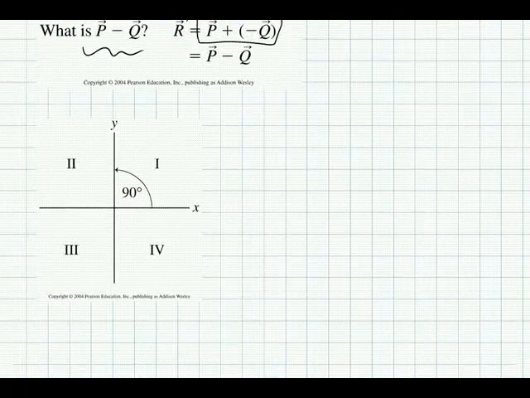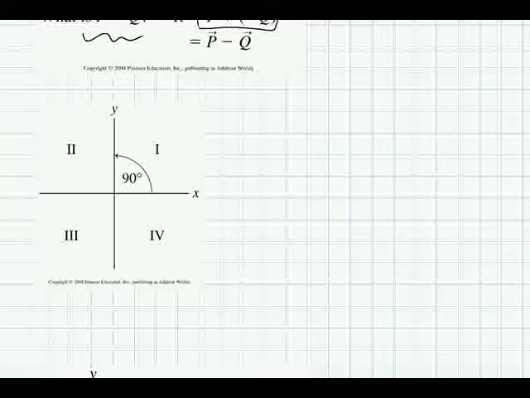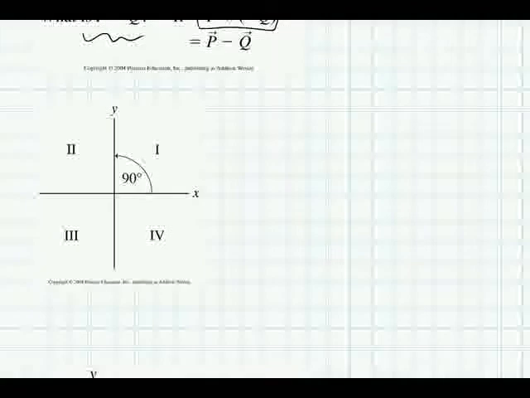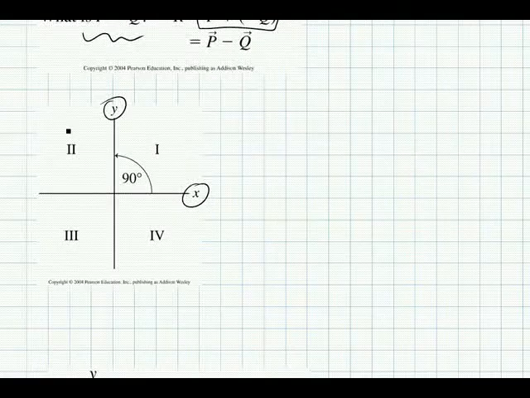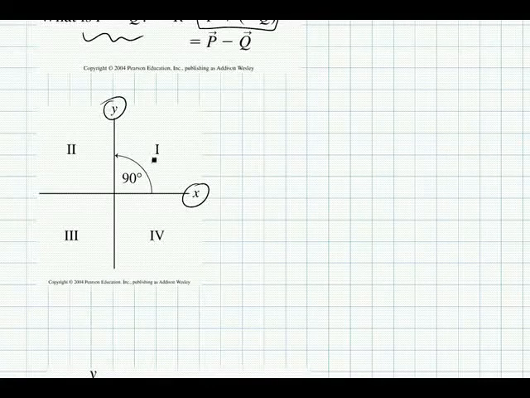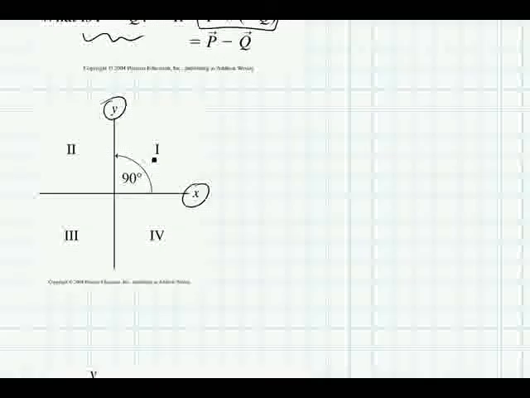When we use vectors, of course, we typically choose a suitable coordinate system, and here we have an xy Cartesian coordinate system. The Cartesian coordinate system is divided into 4 quadrants: first, second, third, and fourth.